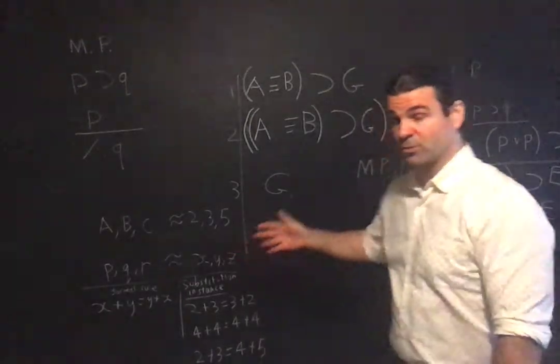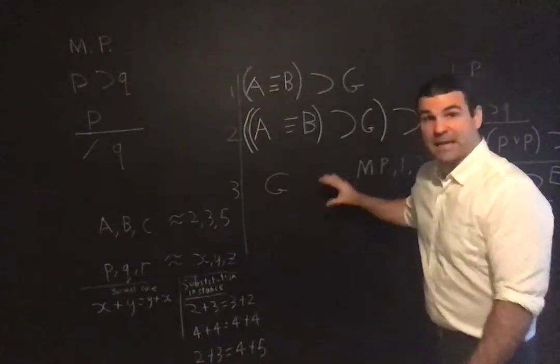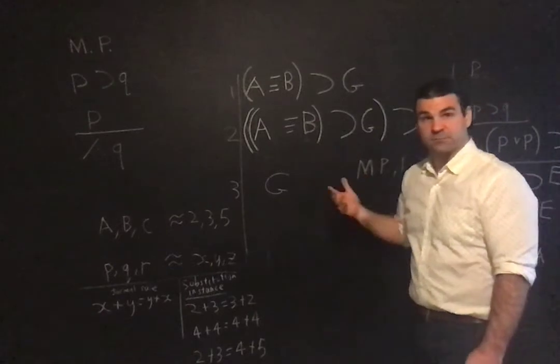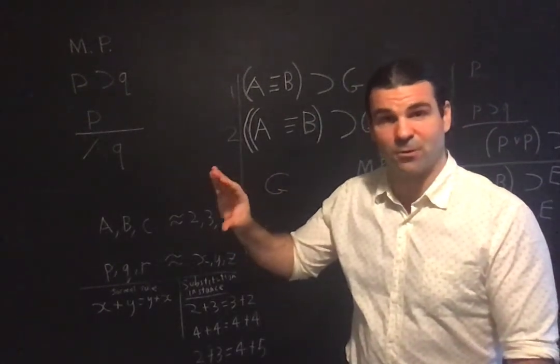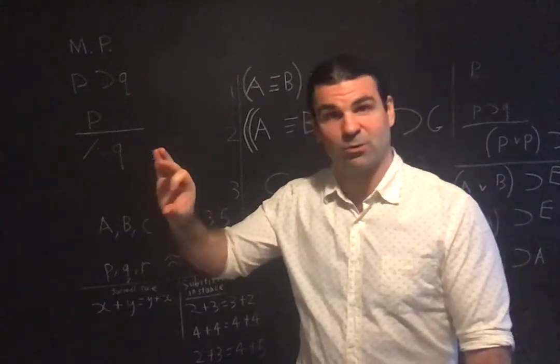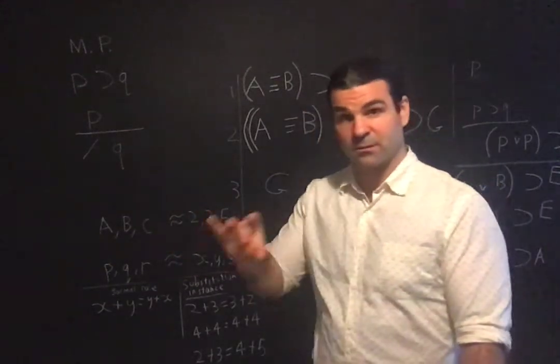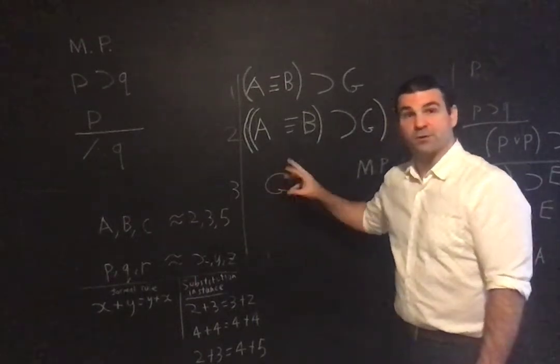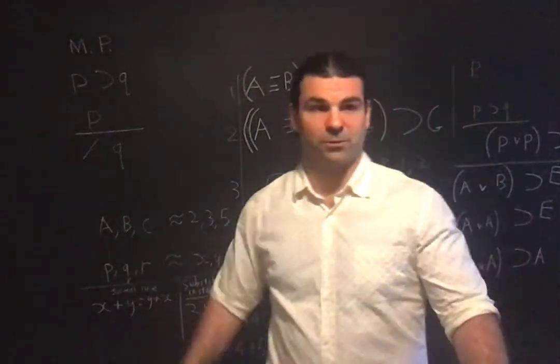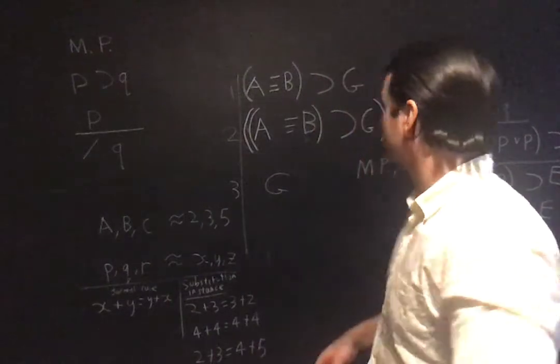Right, so that's what a rule allows you to do. All the rules are allowances or entitlements given the premises of a certain form, the form of the premises of the rule. You're entitled to infer, to write down on your proof the corresponding conclusion of that rule. Okay?